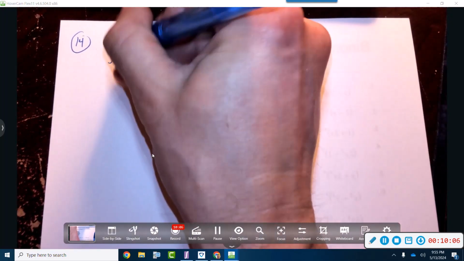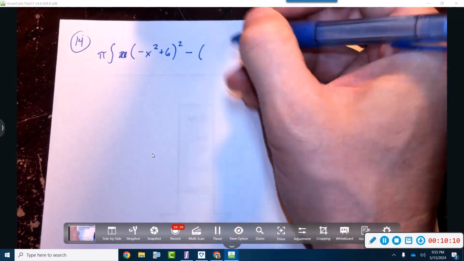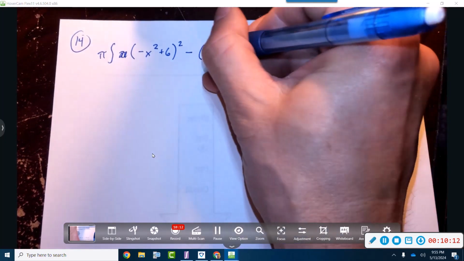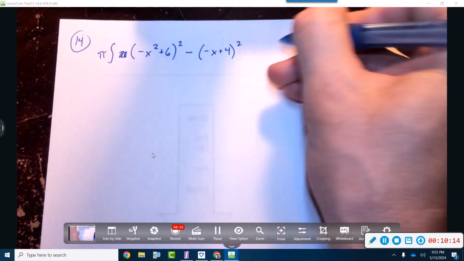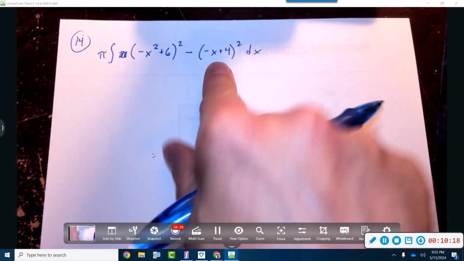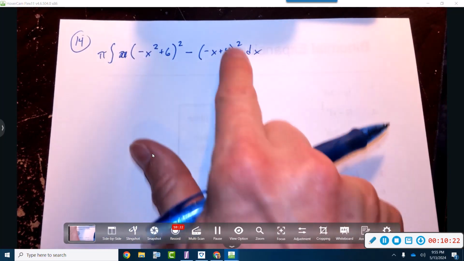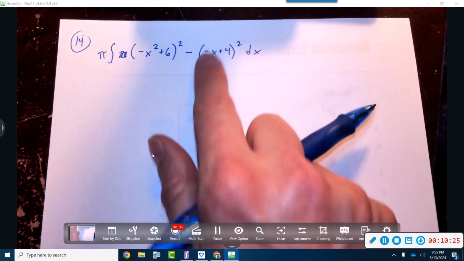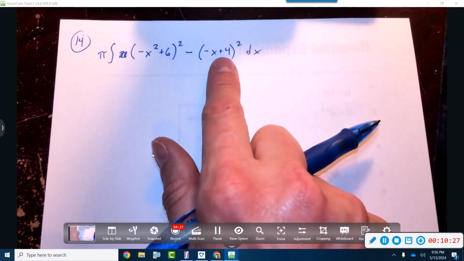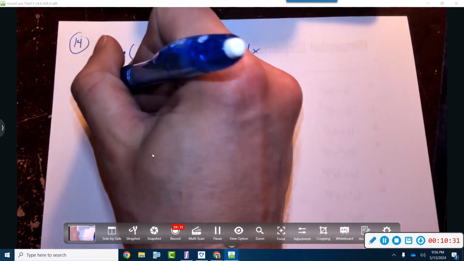You know what? Let's just move this pi over here. Minus the other one, which is going to be negative x plus 4 squared. Okay, outer ring, inner ring. You always take the outer ring, subtract the inner ring, because this guy is actually empty space, and you want to delete this empty space, okay? And the pi just comes along for the ride because these are circles.